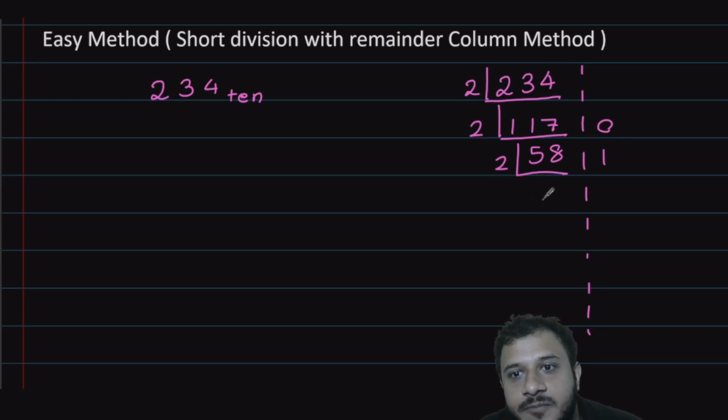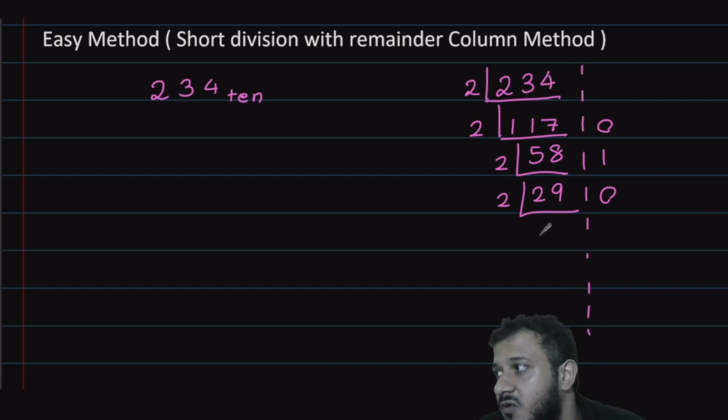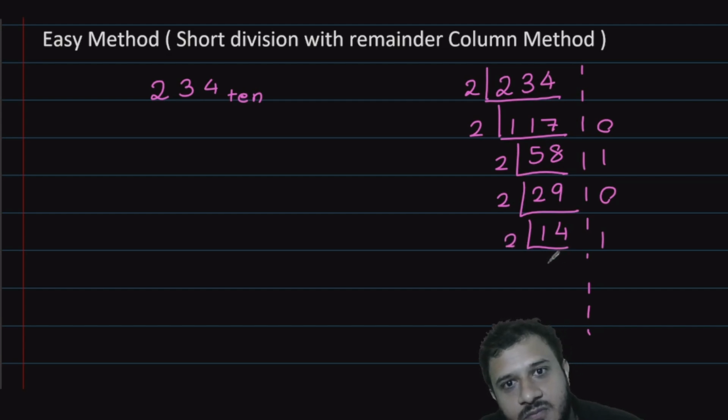Okay. 29. Remainder 0. Now 29 divided by 2. 14. Remainder 1. Then 14 divided by 2. 7.